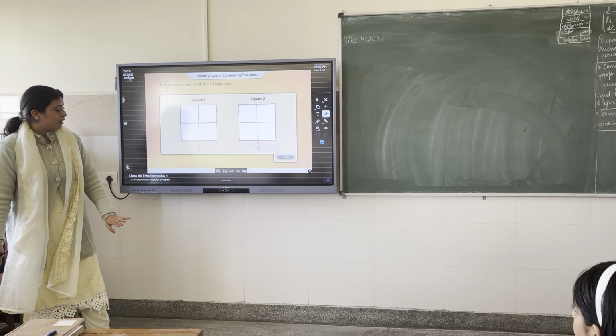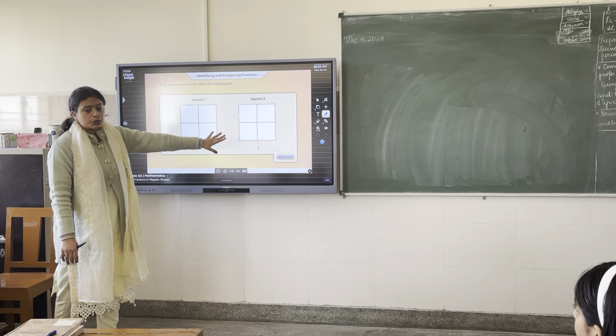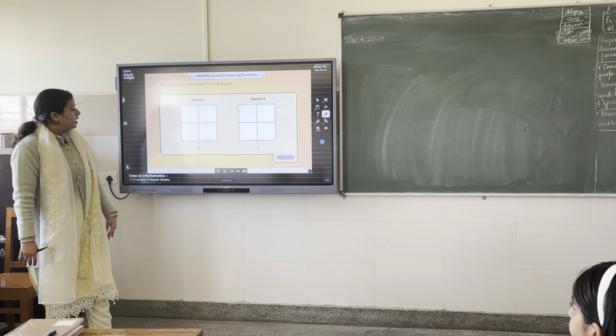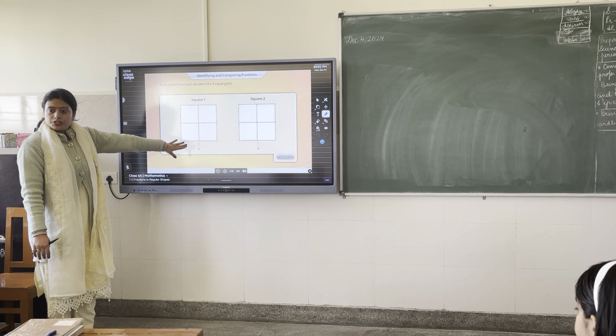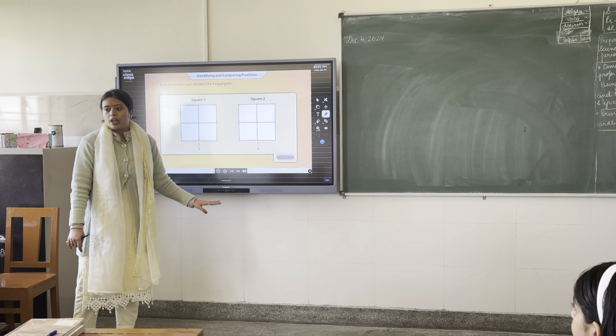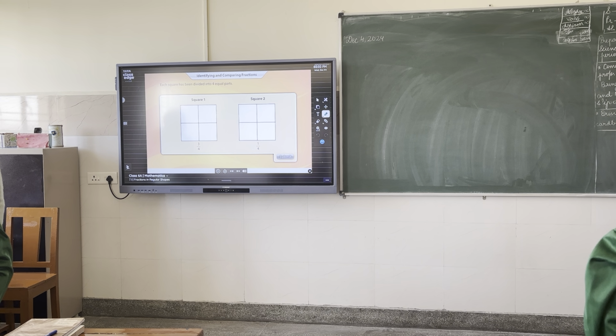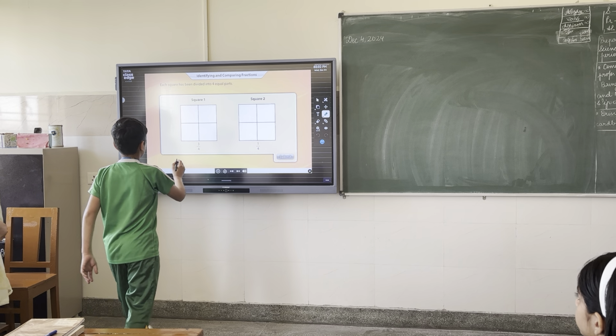In the same set, now this is square 1 and this is square 2. As it is given, 3/4 and 1/4. Now, who will come and shade? How many boxes need to be shaded in the first square?